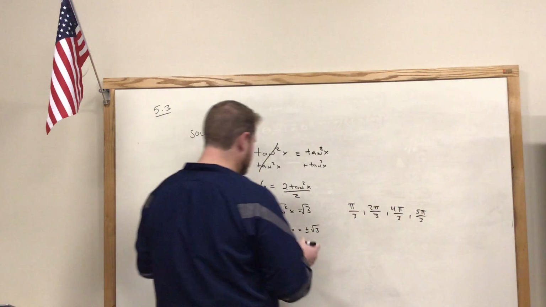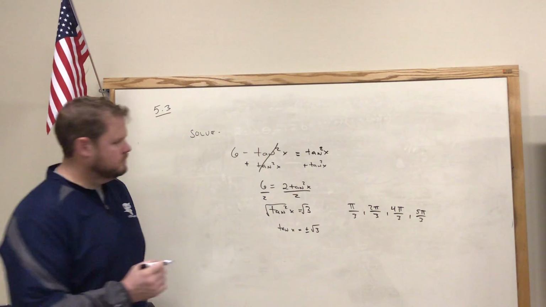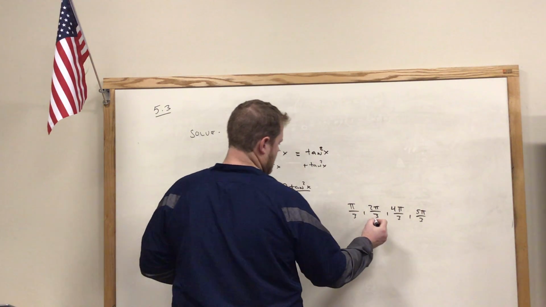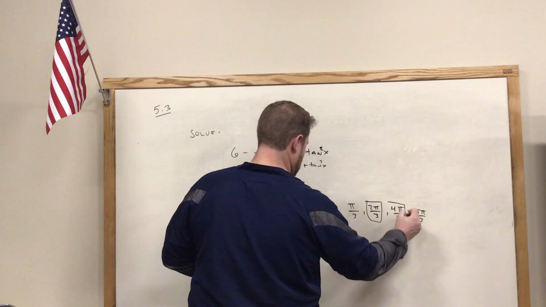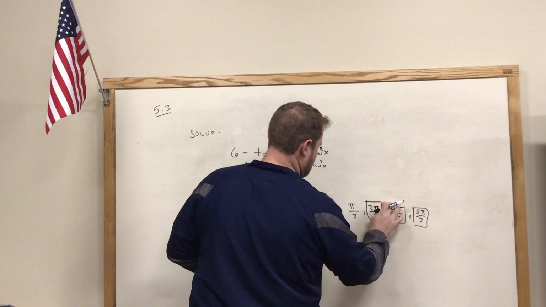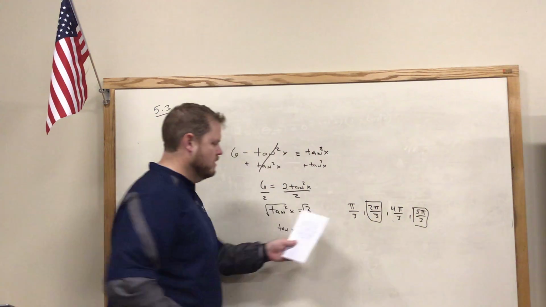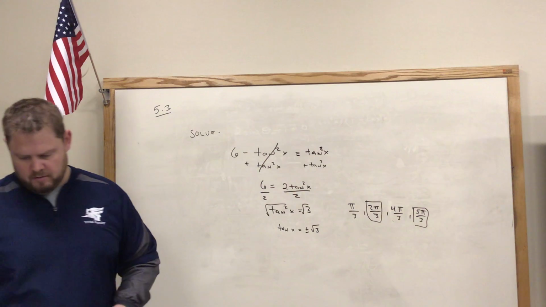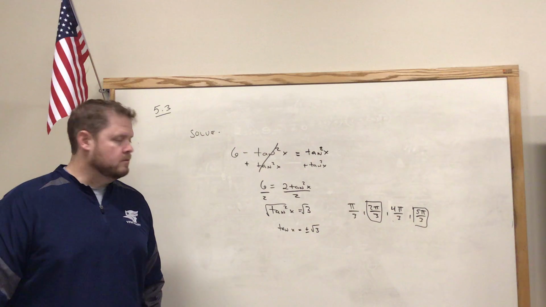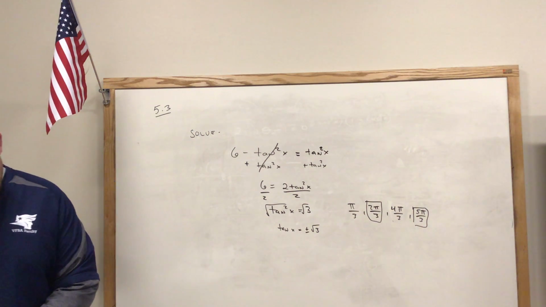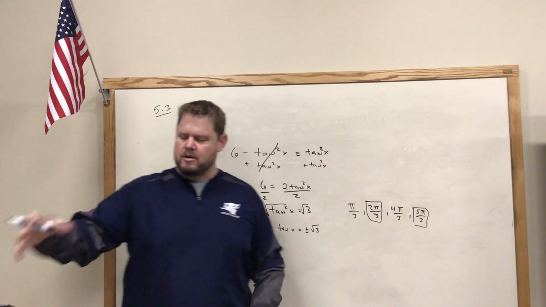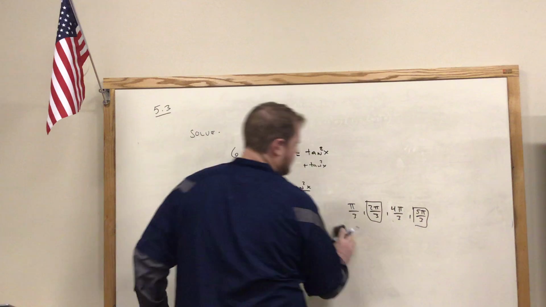Which ones are positive and which ones are negative? This one's negative. This one's positive. Either way, those are your answers for the questions. Any questions? Good. So let's do another one. Basically what we're doing is plugging in and then using your table to solve for your answers, okay?